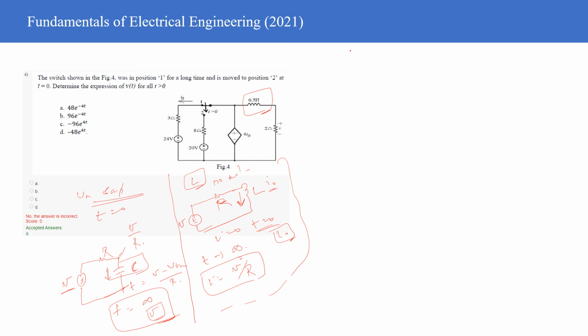So we know that the inductor expression is given as V equals L di by dt, right? What is V? V is the potential across the inductor. What is I? I is the current flowing through the inductor, right? And this expression of voltage and current is related by this differential equation.